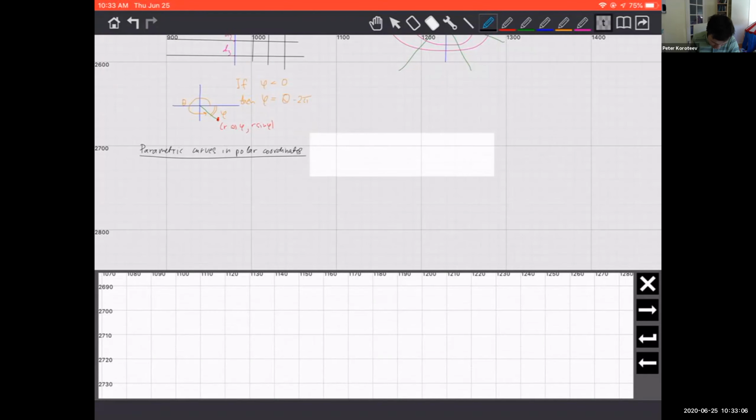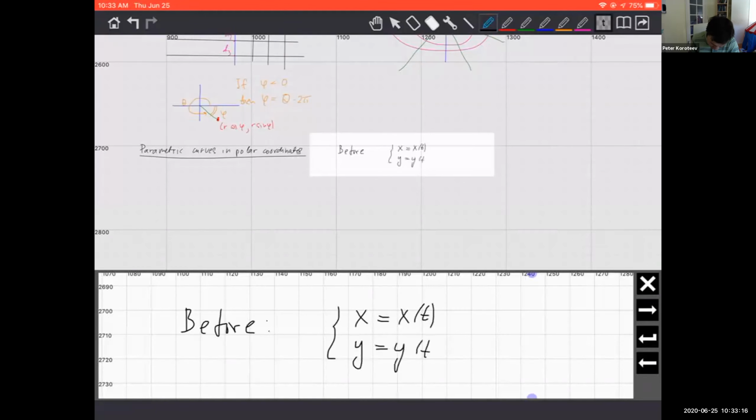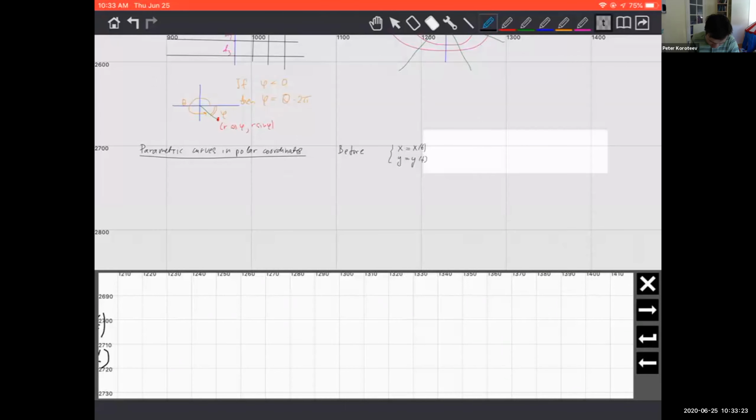Before, in Cartesian coordinates, we had a set of equations: x equals x of t, y equals y of t. And now, most generally, in polar coordinates we can have r equals r of t, theta equals theta of t, where t is an independent parameter.